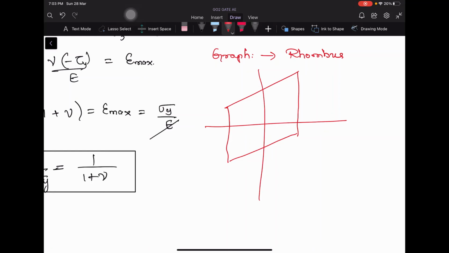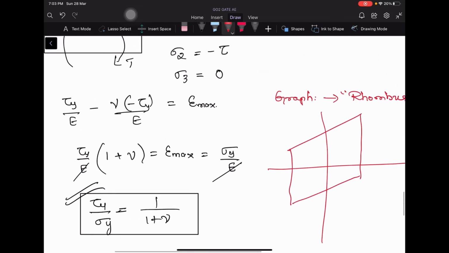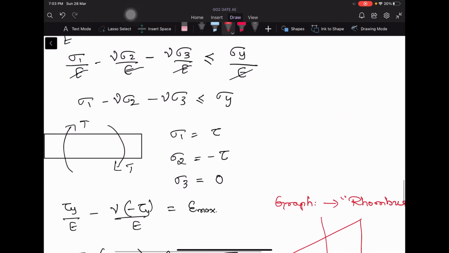So this is the graph type for this theory, and the tau y by sigma y ratio and the formulas. For exam purpose, you need to know this formula too.